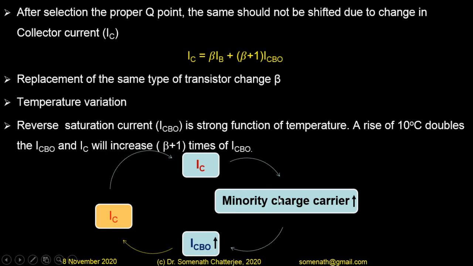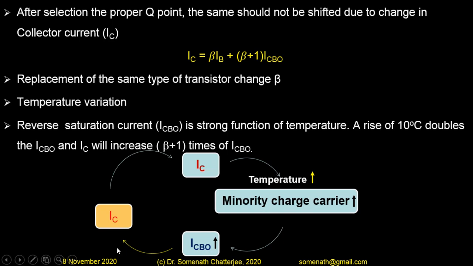The minority charge carriers will increase, so the reverse saturation current, which is due to the minority charge carriers, will also increase.